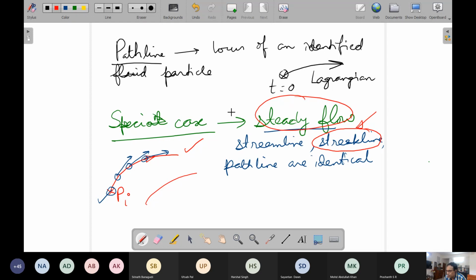Beyond 1 second it has become steady. So when we are studying that type of flow, the streak line will actually also be streamline and path line, and therefore in those cases, although conceptually we make a mistake by saying that these are streamlines, in reality those are streamlines that you see in the flow field.